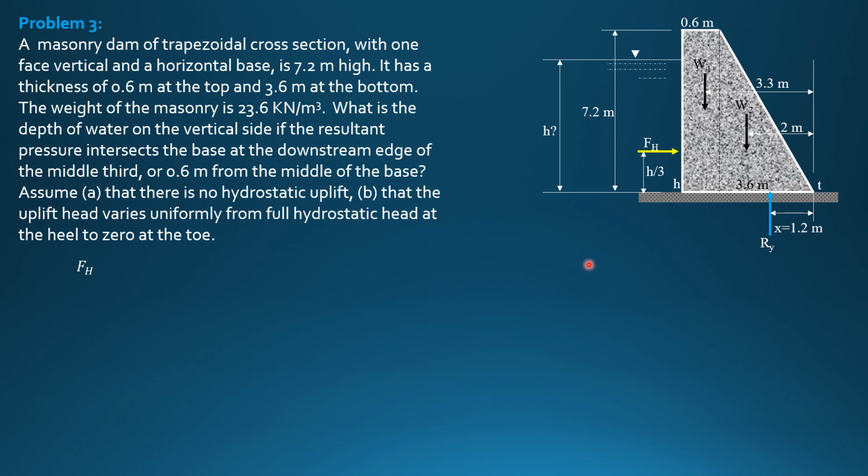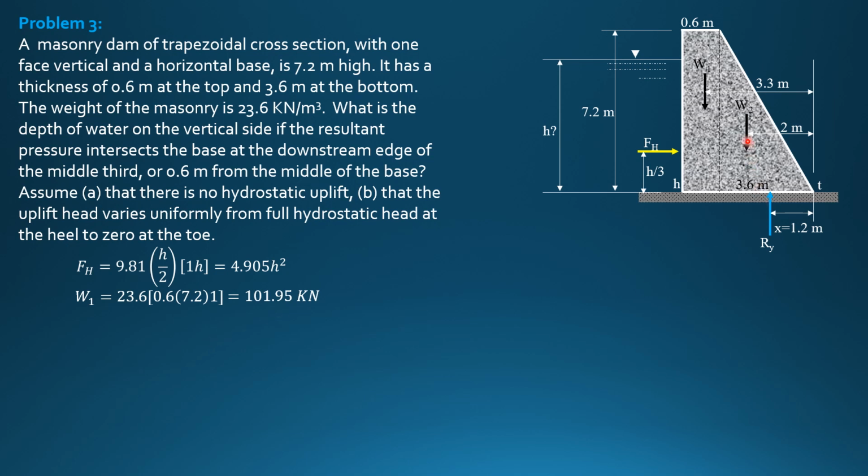So F_H is the specific weight of water times h-bar, which is H over 2, times area 1 by H. So 4.905 H squared, that's F_H. Then weight 1 is 23.6 times 0.6 times 7.2 times 1, specific weight times volume, so 101.95 kilonewtons.